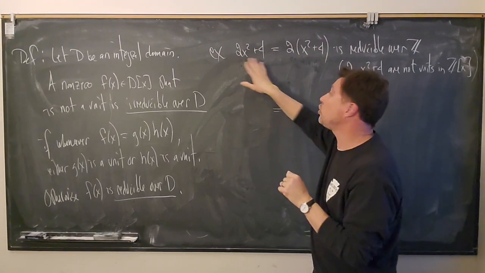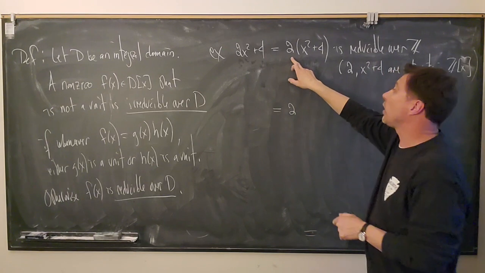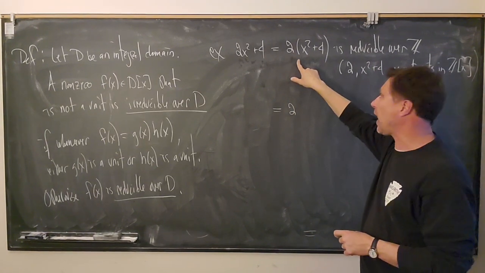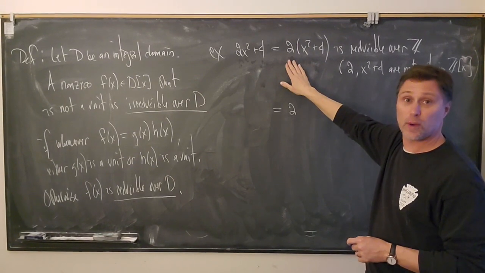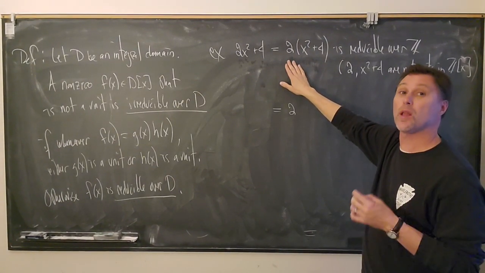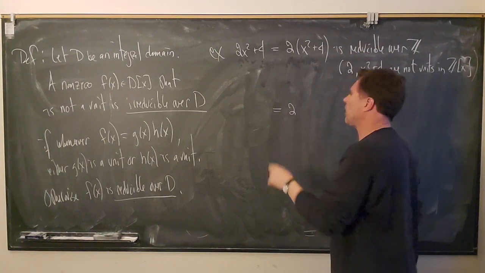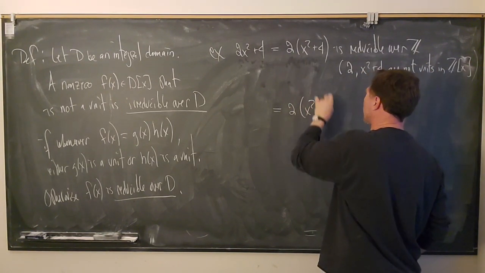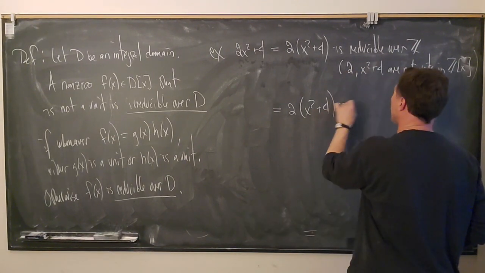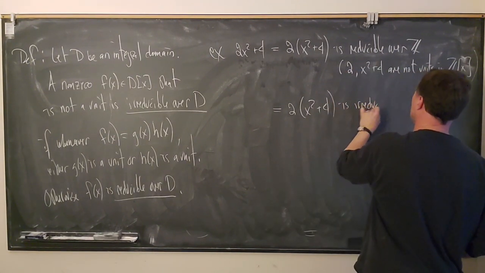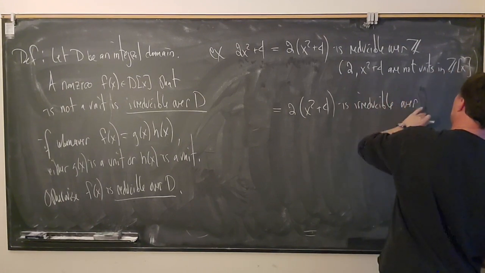If we view 2 and 4 as rational numbers, and then these polynomials as living in Q bracket x, well, 2 is a unit of Q bracket x. Its inverse is the polynomial 1/2. And so this is a trivial factorization when it comes to viewing this in Q bracket x. So this is irreducible over Q.